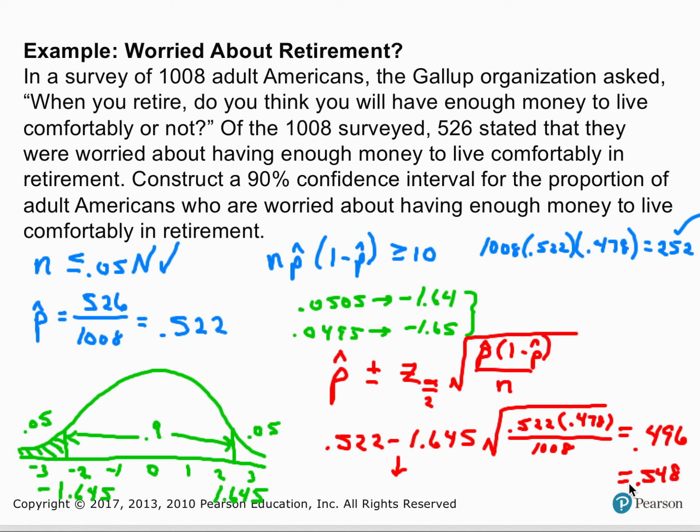We want to be 90% confident. Okay, so if I did it on a calculator, I got 0.496 and 0.548. Rounding issues on this one were even off on the 4th and 5th place.